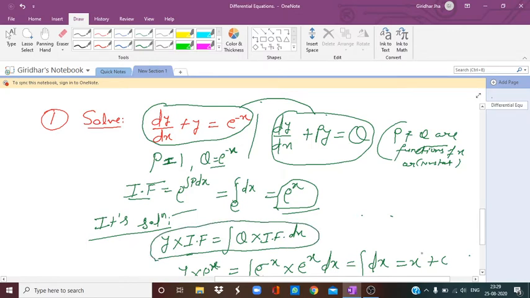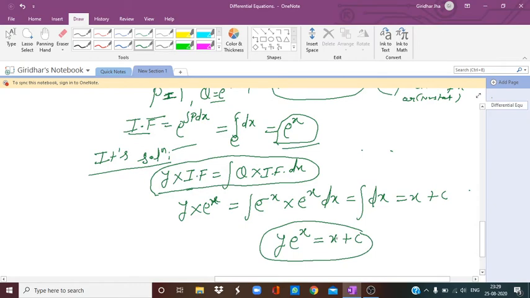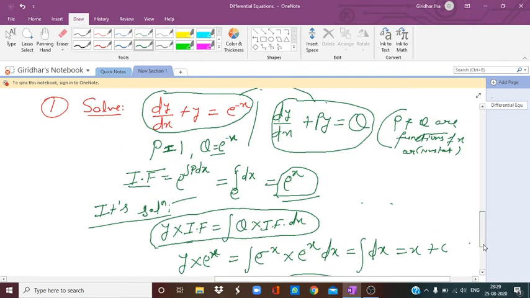We substituted the value of the integrating factor; Q is e to the power minus x and IF e to the power x, so it becomes dx. Integration of dx is x, so y e to the power x equals x plus c is the required solution of this differential equation.